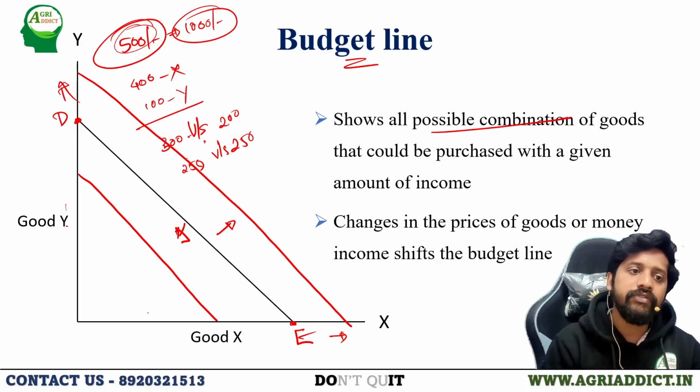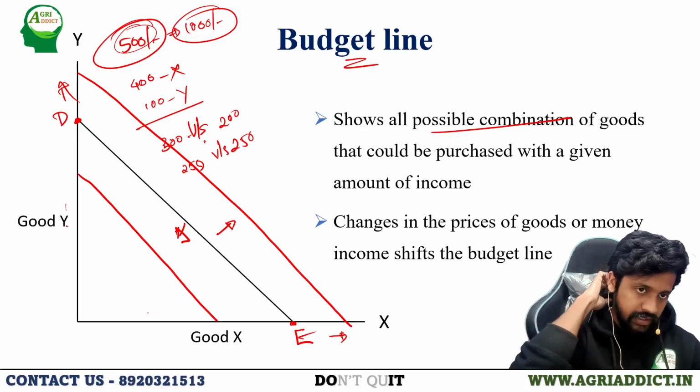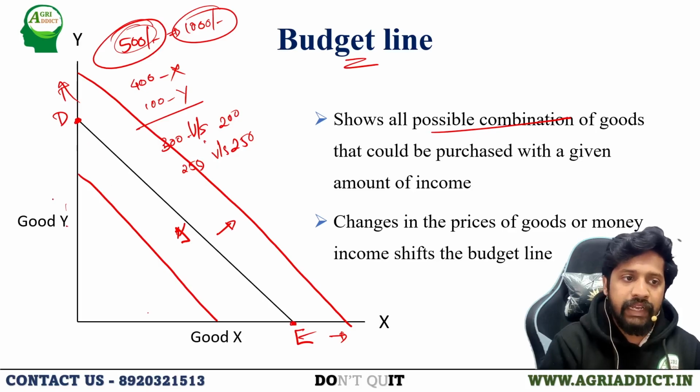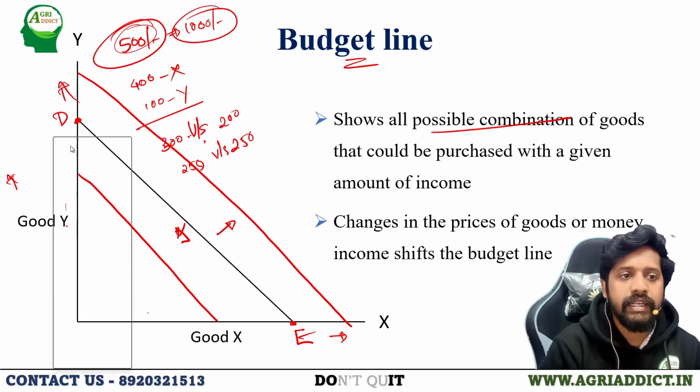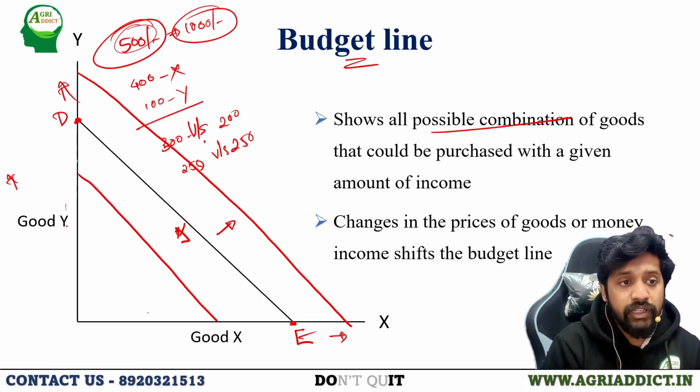Similarly, if the price of a commodity increases or decreases, the budget line shifts. Suppose the price of good Y is increasing. What happens? The quantity of good Y I could afford is less, right? So there is a pivotal shift.